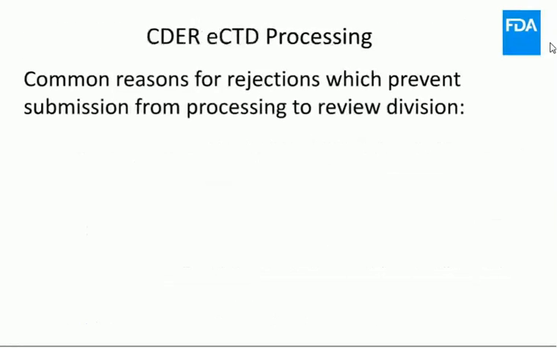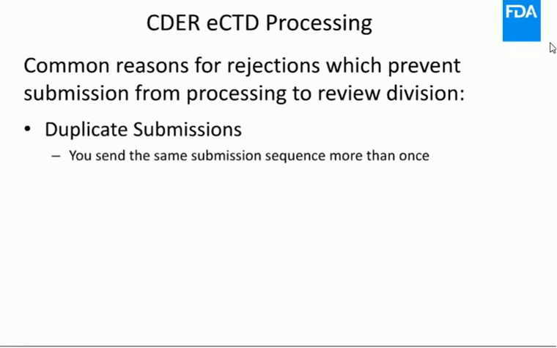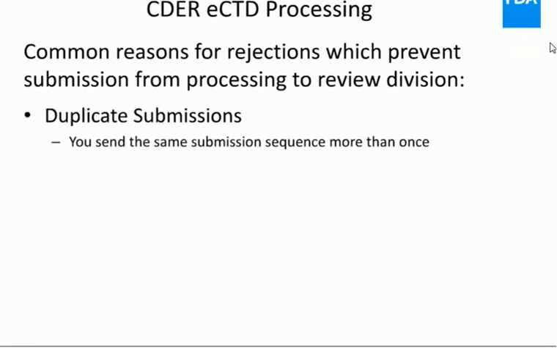We also have a few bits of information here on CEDER eCTD processing. I have here some common reasons for rejections which prevent the submission from processing through to the review division. So our first one is duplicate submissions. You send the submission sequence more than once. So an example of this is you may send in your original ANDA with eCTD sequence 0001.